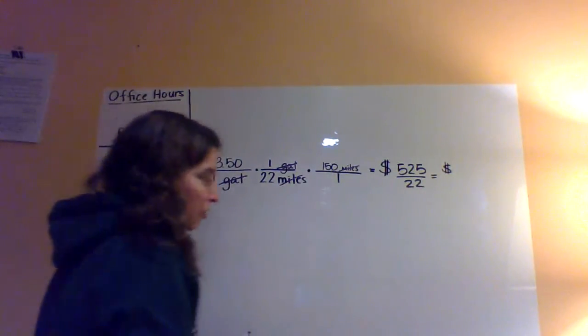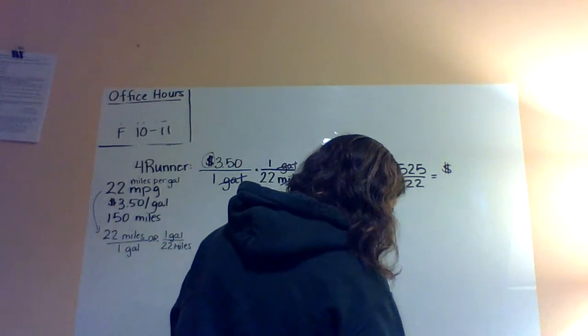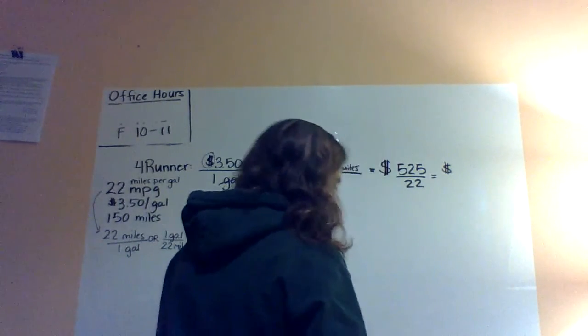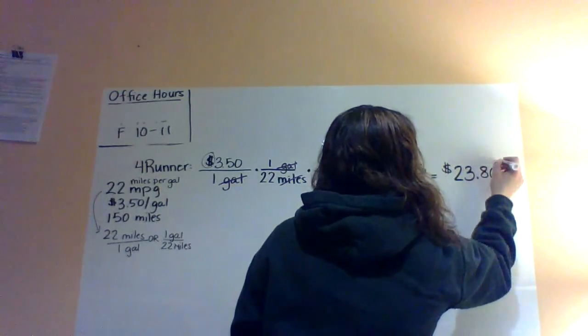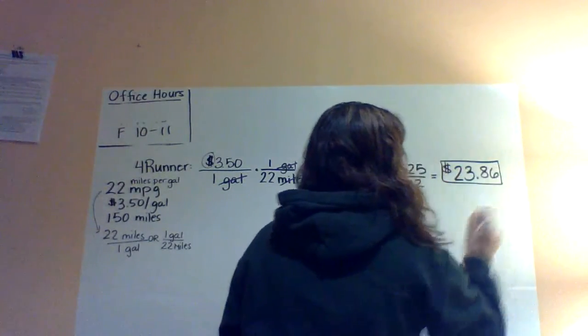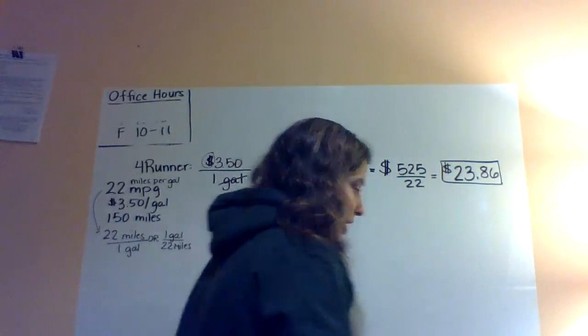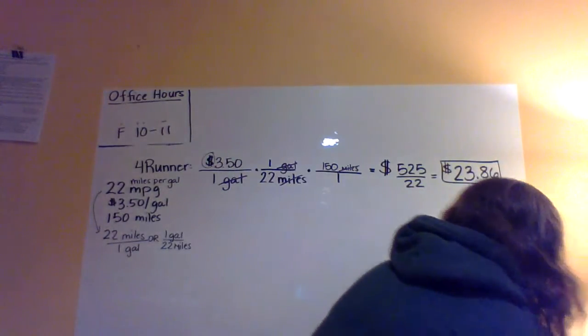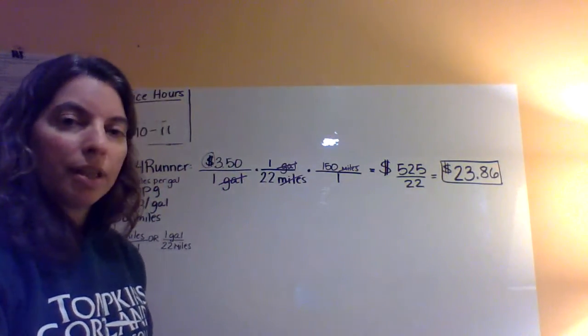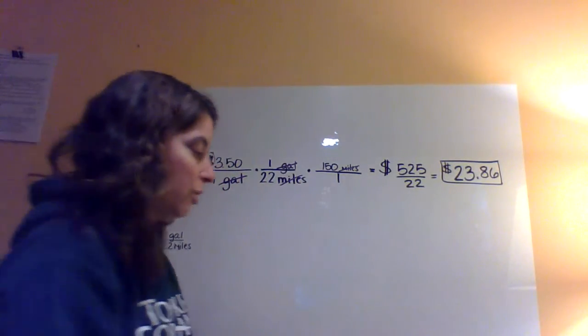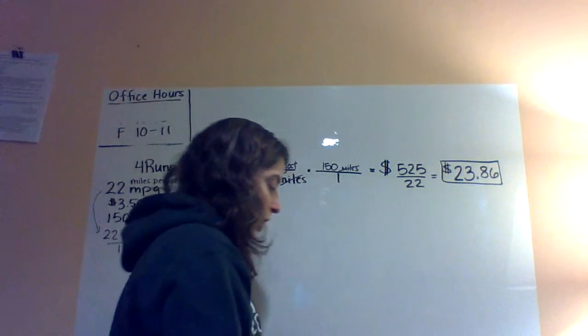It kind of doesn't mean a lot to us in that form. A little hard to wrap our heads around. But when we divide and round to the nearest penny, we're going to get $23.86. So that's how much the gas is going to cost if she takes her own 4Runner on this trip.